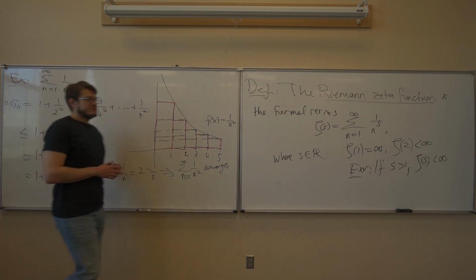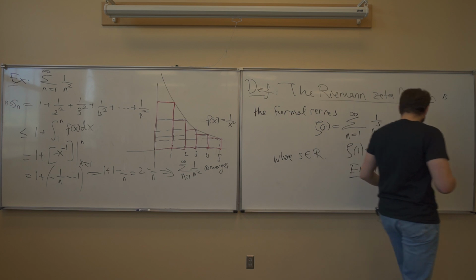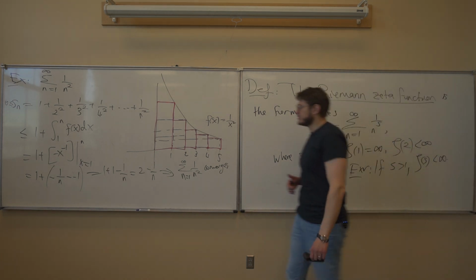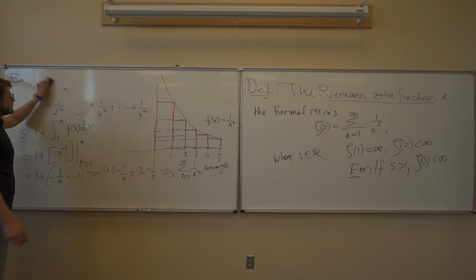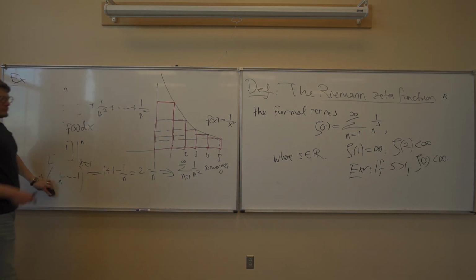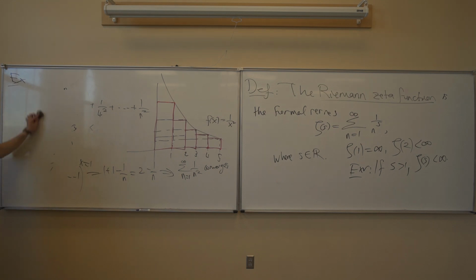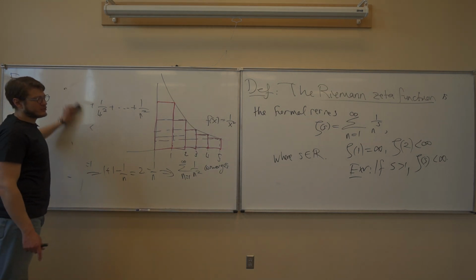Okay, let me just leave with one statement. This is a theorem in the textbook, but I'm just going to leave it to you as an exercise. It's not too complicated. It says that if I have a sequence of numbers whose formal sum converges, then in fact that sequence has to go to 0.